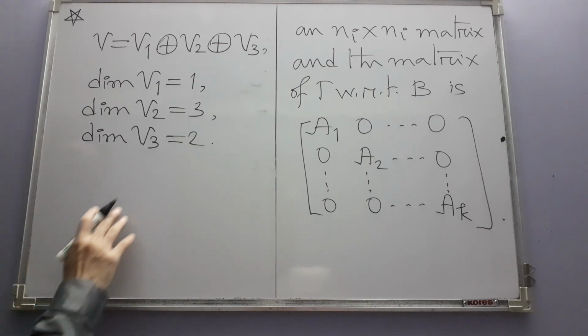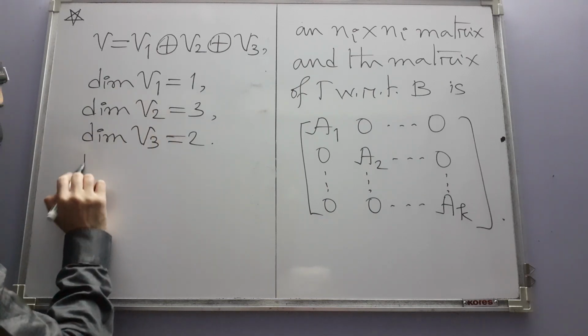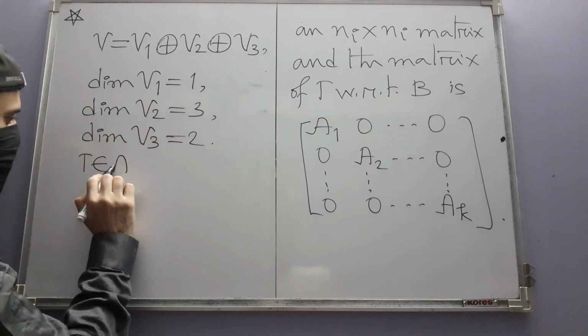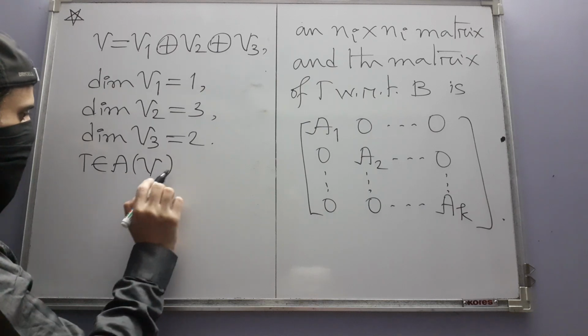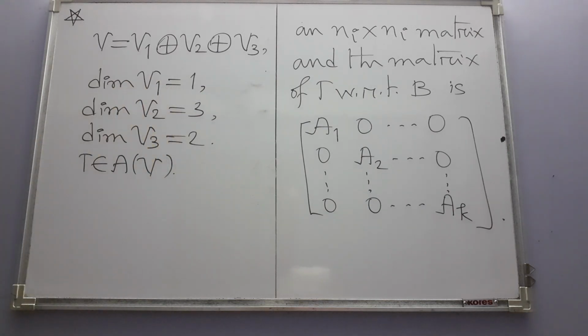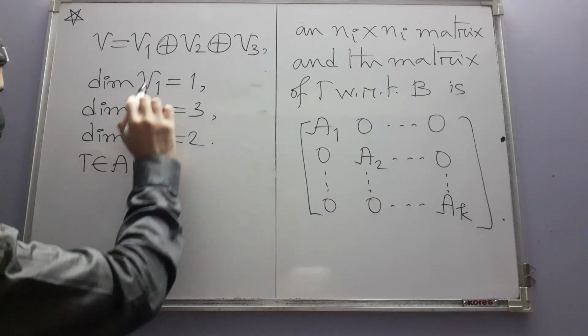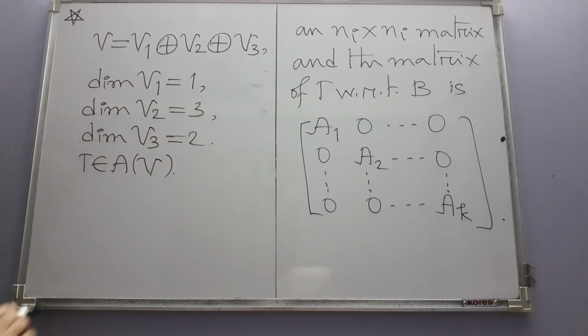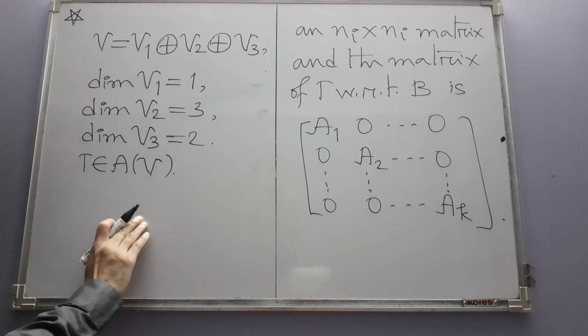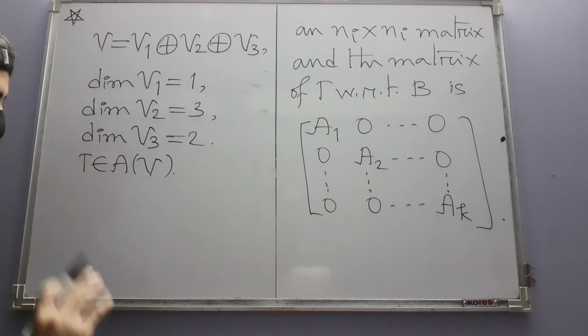And suppose there is a linear operator T on V such that these are all invariant under T. Okay, now you choose bases for these vector spaces. To keep the notation simple, we are not going to take V1, 1, not those things.